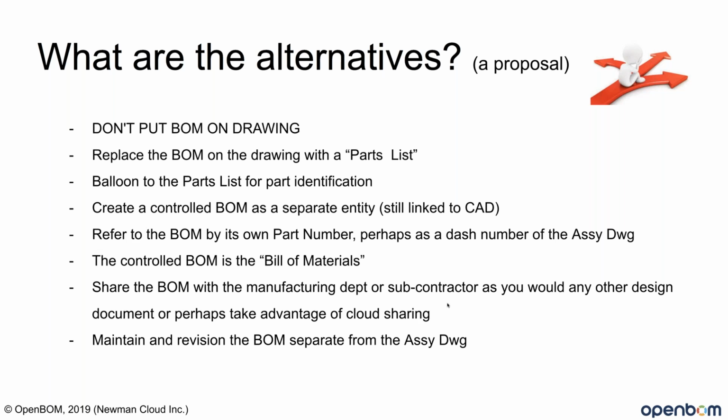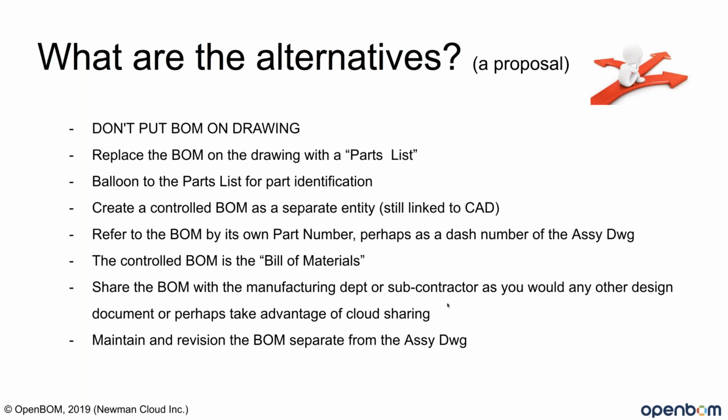So, what are our alternatives to putting the BOM on the face of the drawing? Well, the first one is obvious. Don't put the BOM on the drawing. And that's the workflow that we're going to pursue here in the next 10 or 15 minutes.